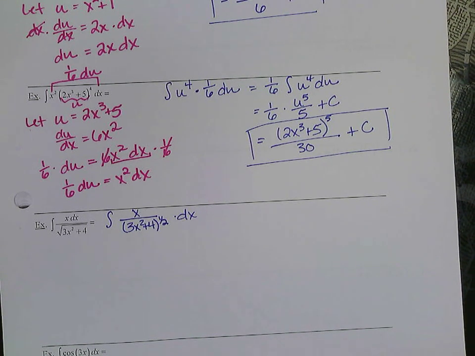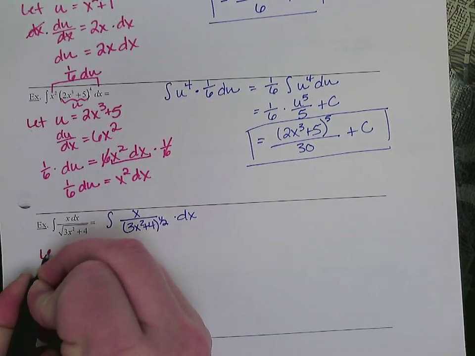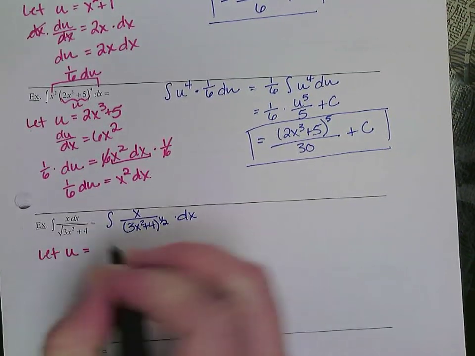Now, again, I can't rewrite this to make it fit my basic antiderivative rules, and I don't have a quotient rule for antiderivatives. So at this point, I'm thinking I'm probably going to have to do U-substitution. What do you guys think we should let u equal? 3x squared plus 4. All right, let's try it and see.